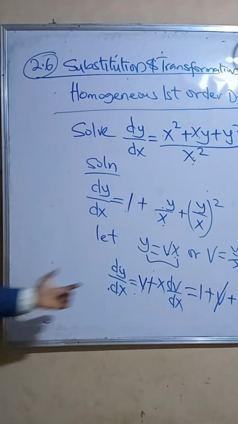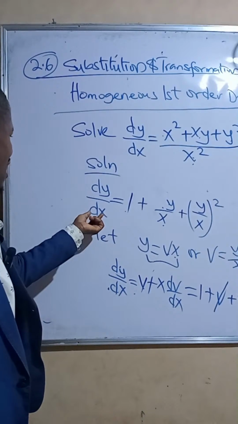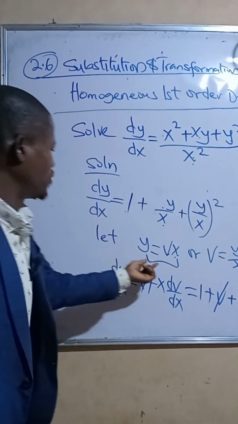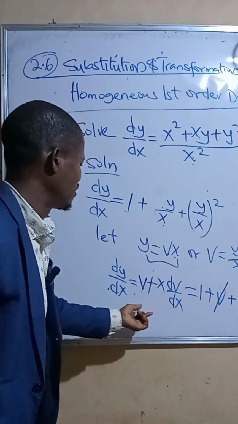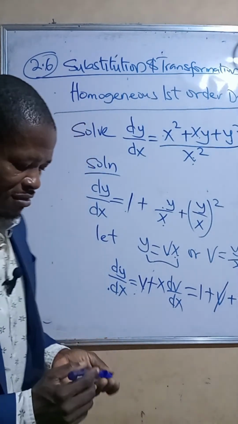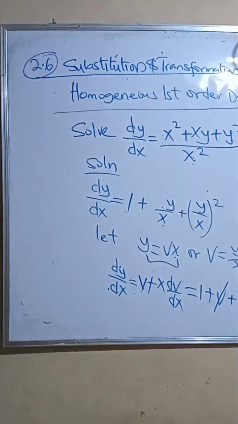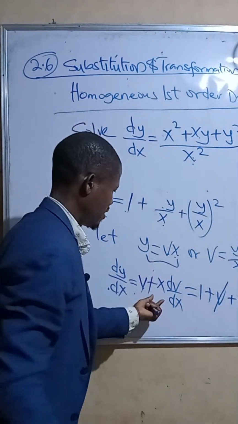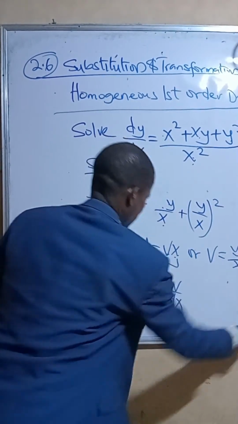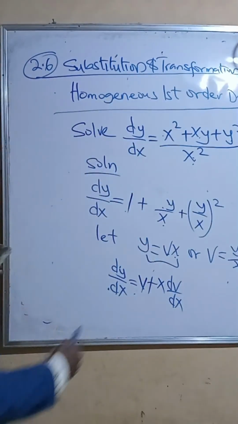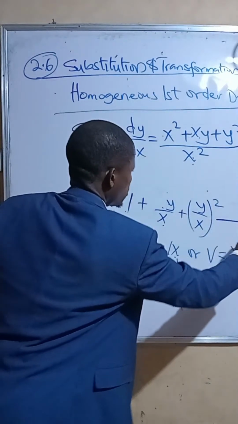If you differentiate this, we have this. And if we differentiate this, we have this. So what we're going to do now is go to this equation.